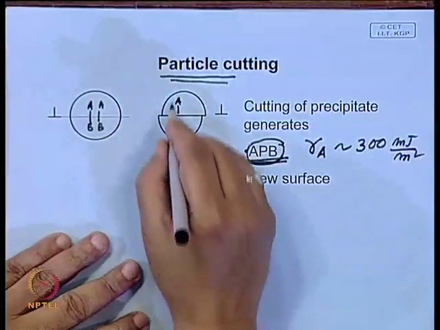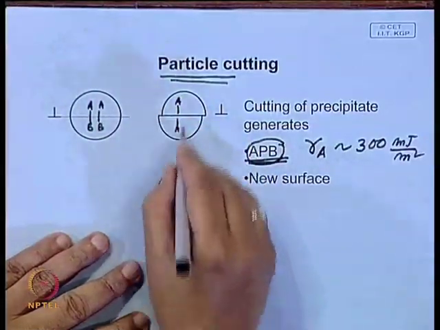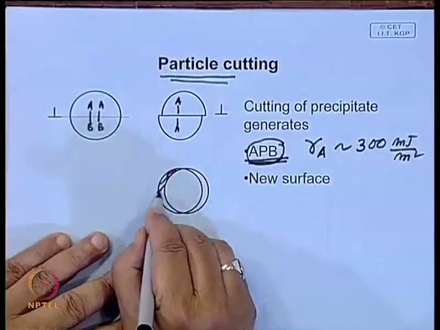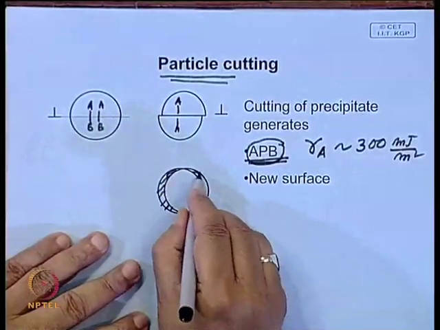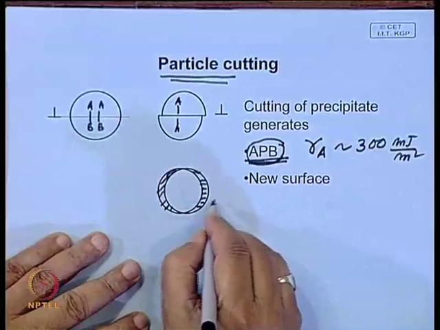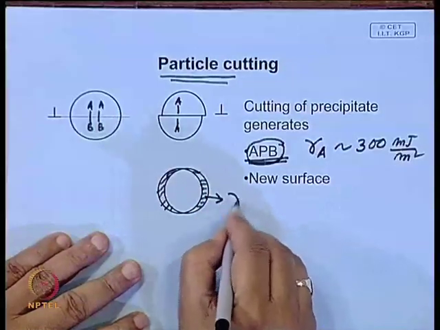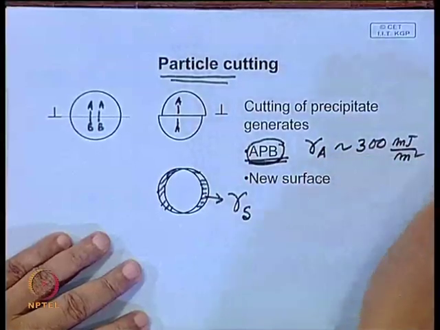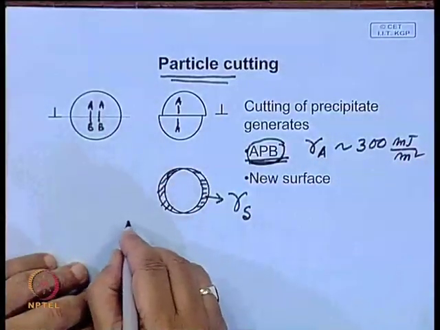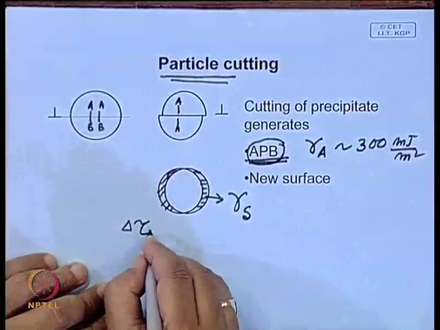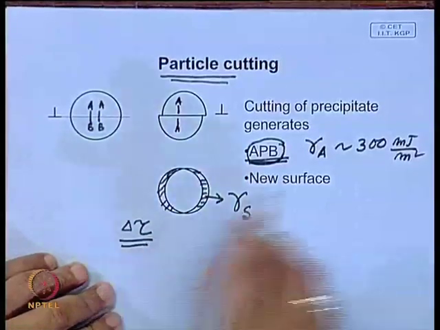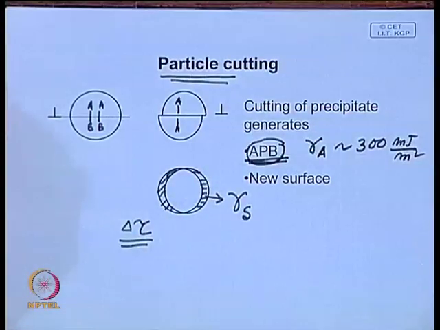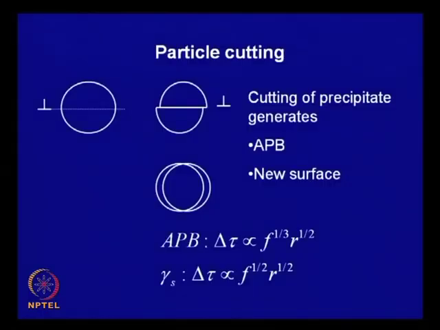And secondly, whenever this process of shear takes place, you have a new surface created. This is the additional surface created, so this will have another energy, the surface energy. For this to happen, you have to apply some amount of additional shear stress.